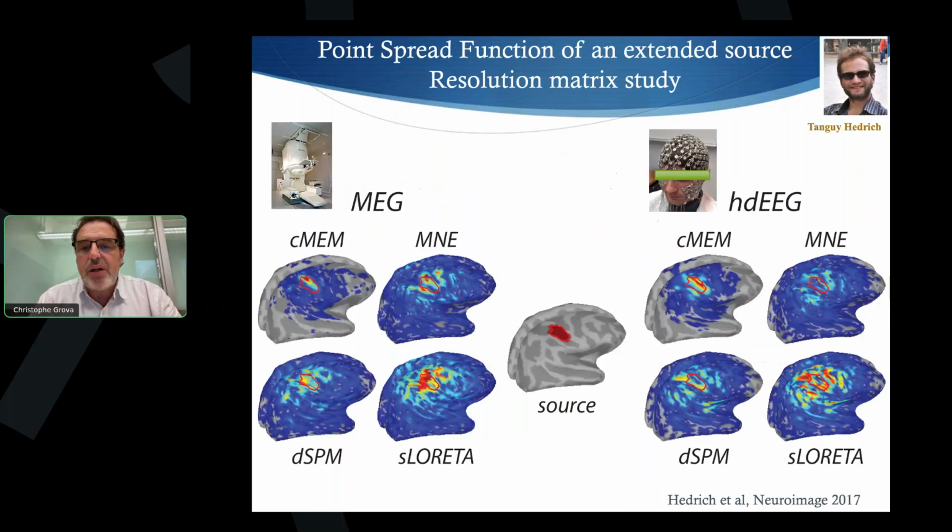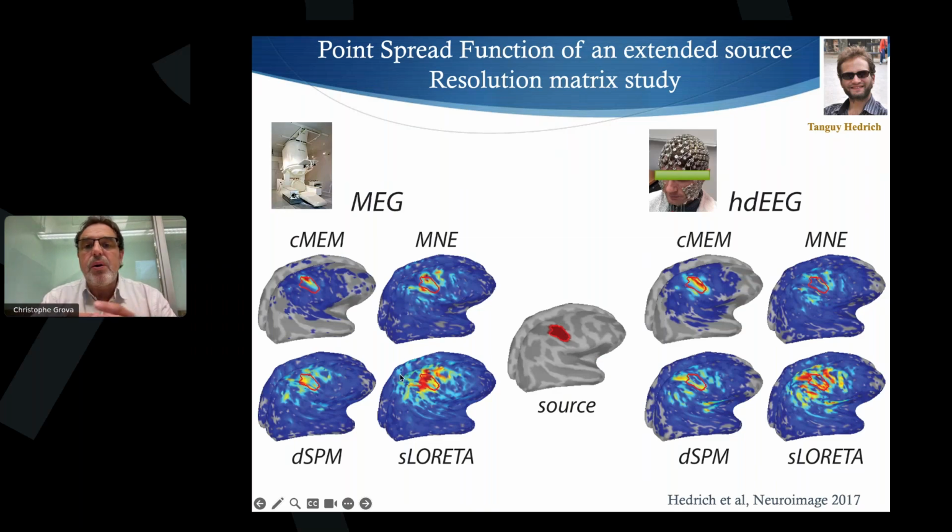It's a regularization technique. So just to show you first that it is indeed sensitive to the spatial extent, this is the first study that we did on noise-free simulations. We simulated extended sources and looked at the spatial properties of MEM compared to different techniques like MNE, S-Loretta, DSPM.